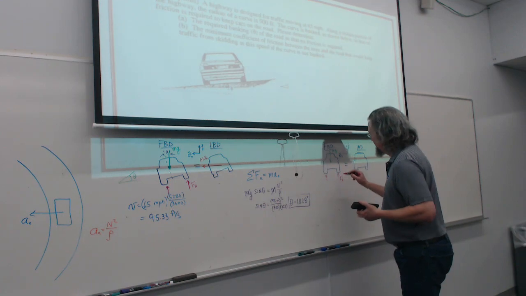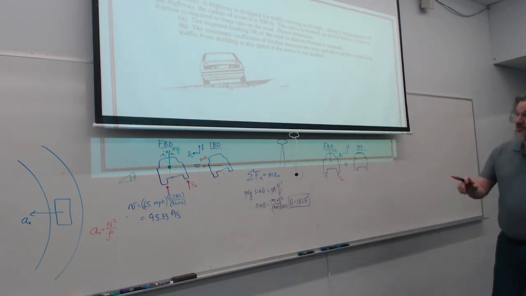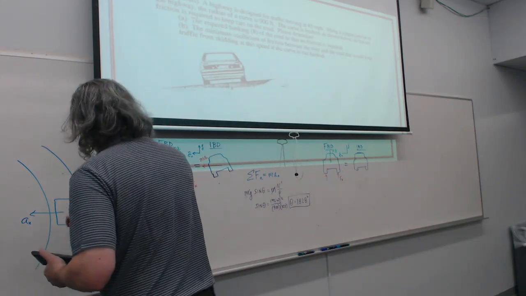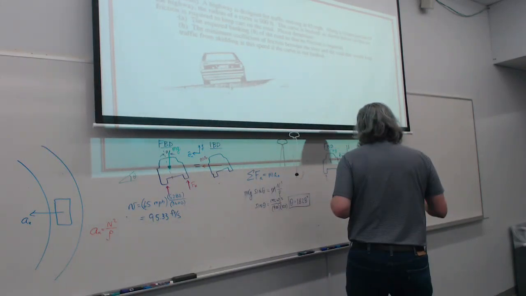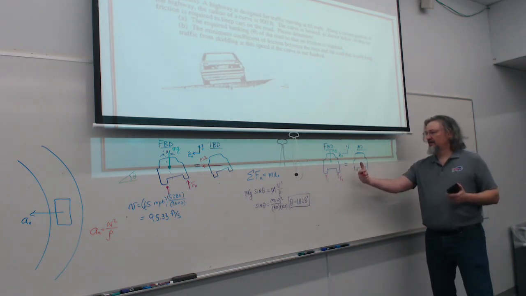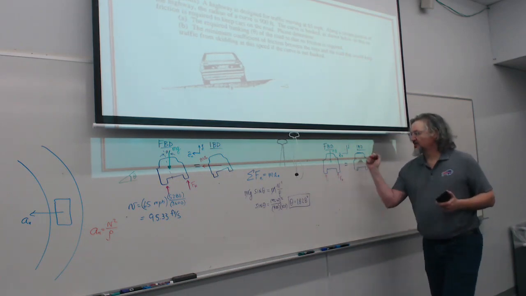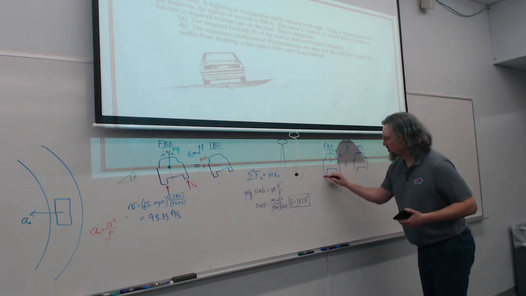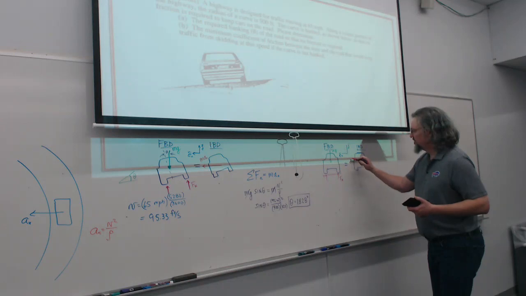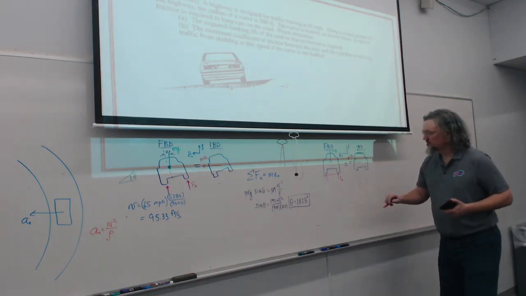FN. Now, if we're assuming that diagram and we're looking in that direction, this thing wants to slide this way, so friction must be going that way. But you could also, later on, see the match over here and here when we go to the an direction.